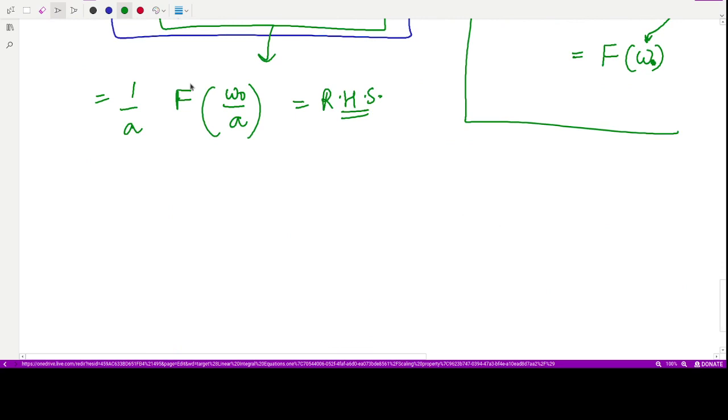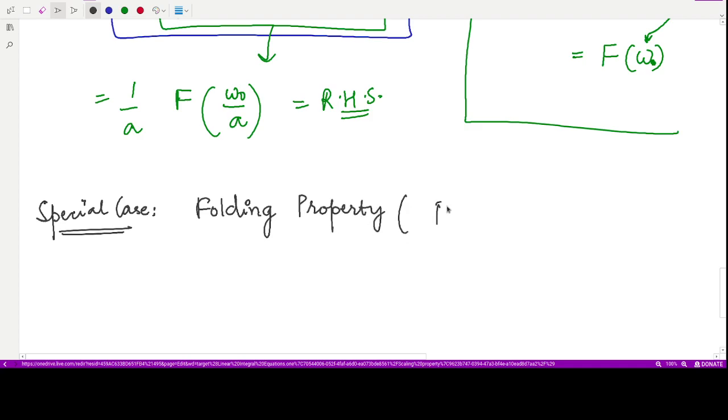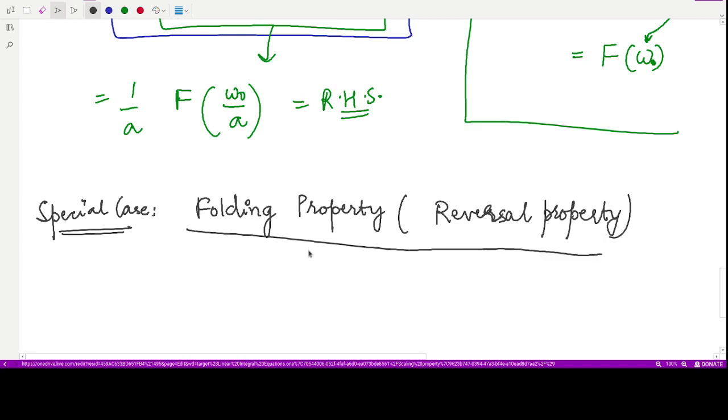Next we also have one more property, which is a special case of this property. Here this property is known as the reversal or the folding property. This case is applicable whenever the constant a is equal to -1, right?